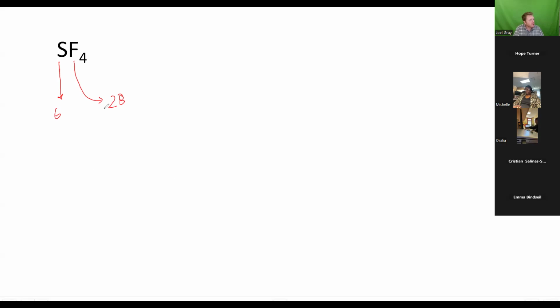So 6 plus 28, we got 34 electrons. Between these two elements, sulfur is farthest to the left on the periodic table. Then we've got F, F, F, F. We'll start out with that. Draw a single line.